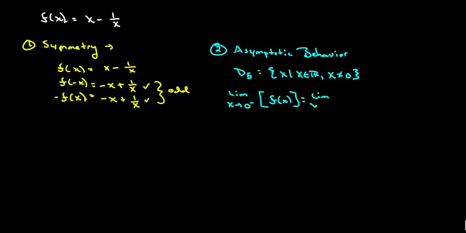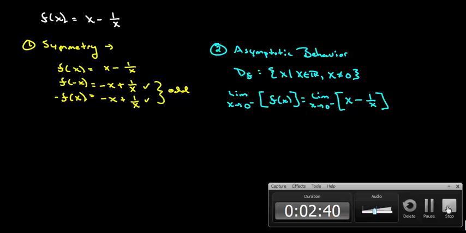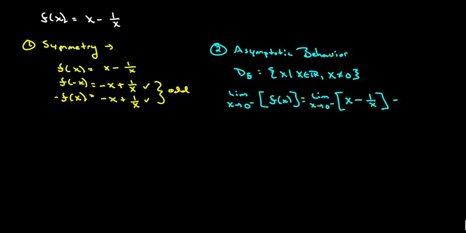So this is the limit as x approaches 0 from the left of x minus 1 over x. So what happens to this guy? Well, as x approaches 0, this guy becomes really, really large. Now, as we're approaching 0 from the negative side, this will be 1 over a super small number that's negative.